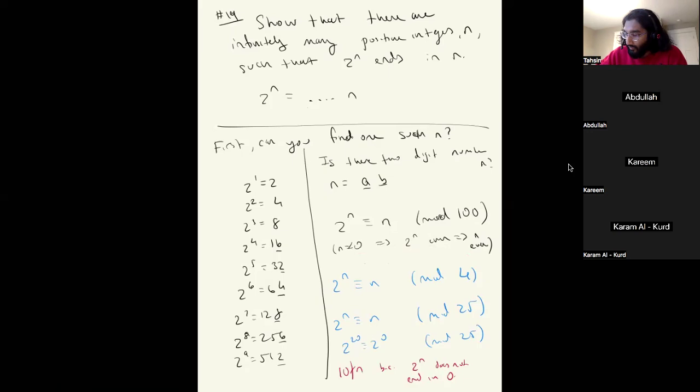We can say 4 divides n because n is not 0 and n is not 1. As soon as n is not 0 and n is not 1, it tells us that 2 to the n is 0 mod 4, or we can just say 4 divides 2 to the n, which means that 4 divides n. So n is a multiple of 4.